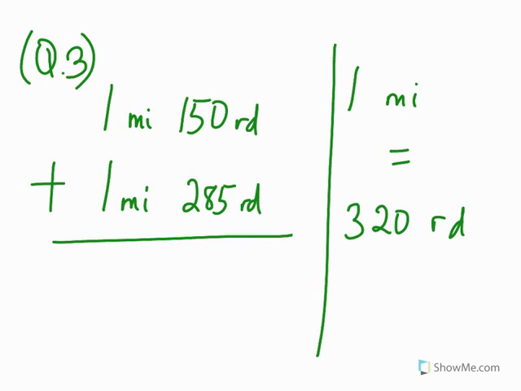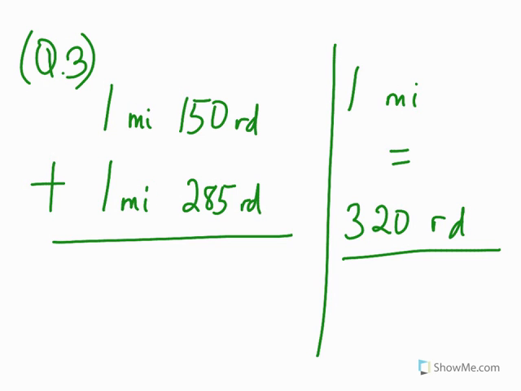Okay, so we now see that in this case 435 is bigger than 320. We can actually do this 2 ways, like I explained in previous videos, but I'm just going to do it 1 way.